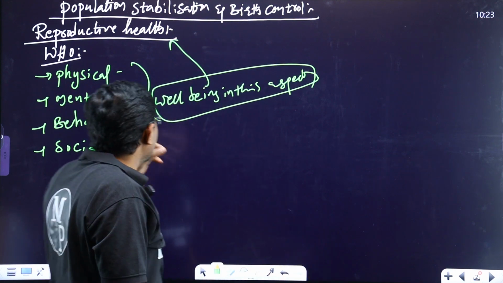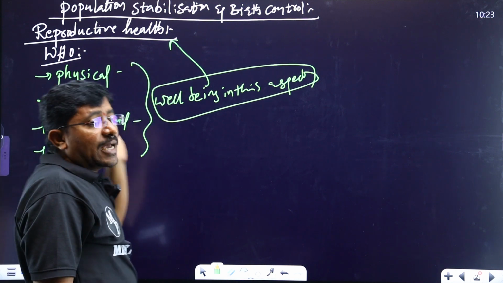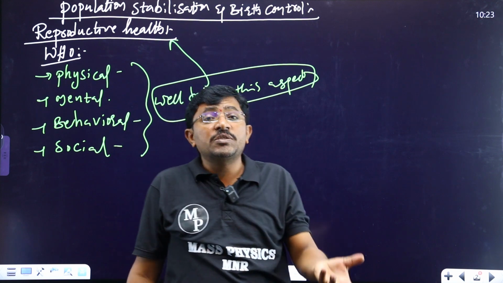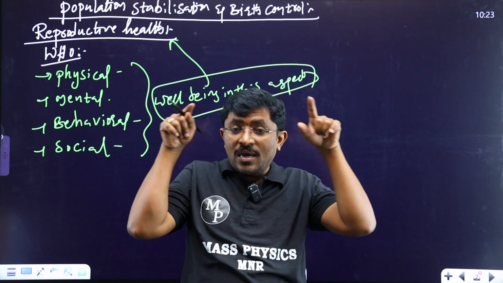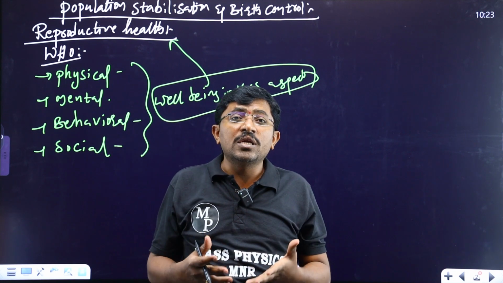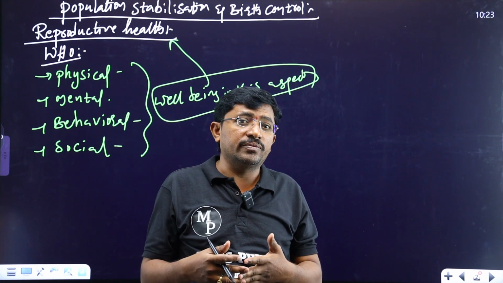And those who have well-being in these aspects are physically and functionally well within the body. Physically means based on the nature of the reproductive organs, and functionally means whether the organs are active or inactive.